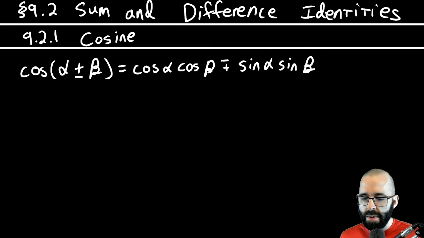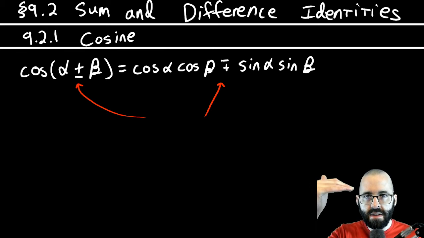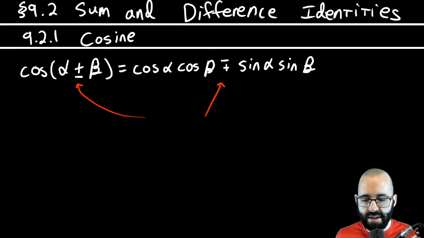Now, many people probably haven't seen this before, but what I'm using these signs for, right? Plus or minus, you've seen plus or minus, and minus plus, you haven't seen. This just means that I'm writing two formulas at once, right? There's one formula with the top stuff and one formula with the bottom stuff, okay?